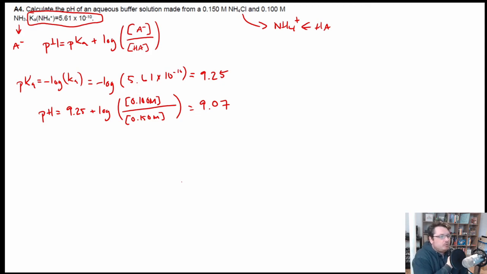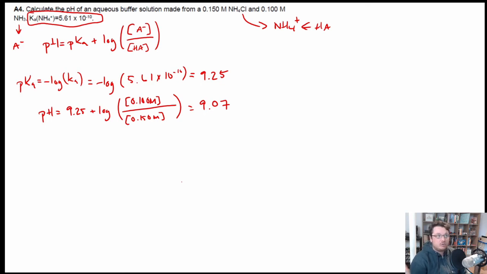Another thing that people were very confused by during GPS is this: in this case, we're being given a Ka, and there's more of the acid present in this scenario, but the pH is still a basic pH. It's still 9.07, it's not below 7 or anything. That has to do with the fact that the ammonium, if you look at that Ka value, it's times 10 to the negative 10, so it's not going to form a lot of H plus, or H3O plus.